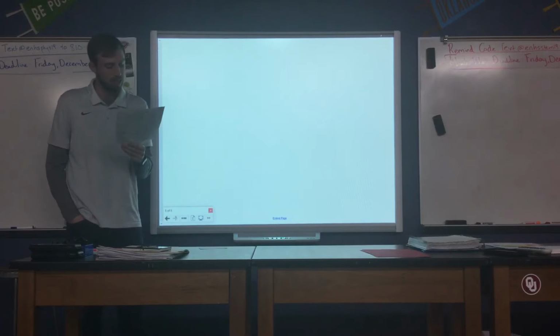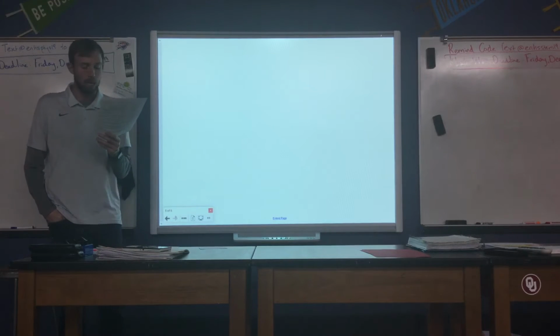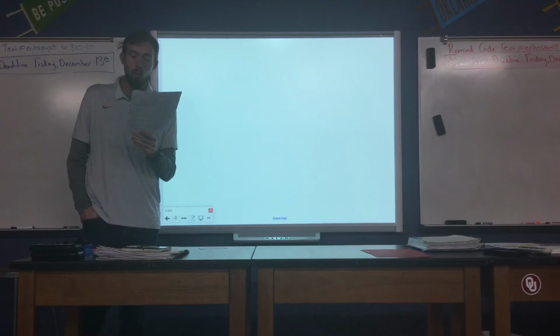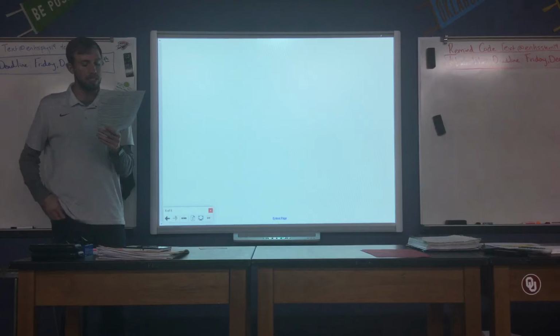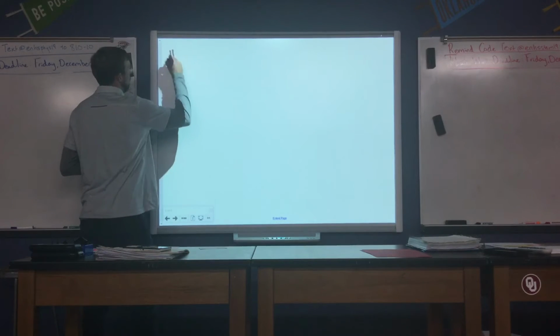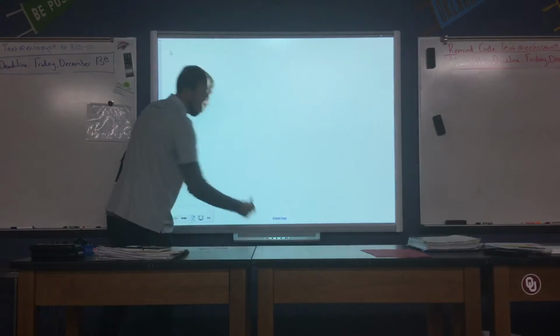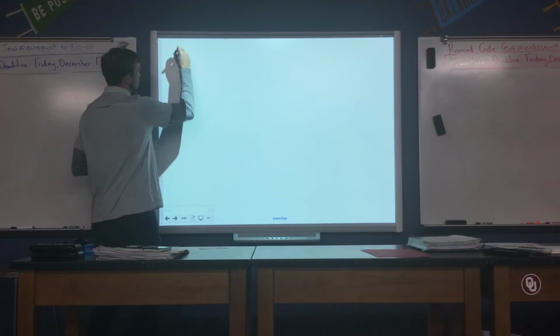Question 6 says this: Satellite A is in orbit around the Earth and experiences a gravitational force of 2,000 kilonewtons at a distance of d from the center of the Earth. Now, given that we have a lot of information given there, I'm just going to jot down what we know and a little bit of a picture of what's going on.